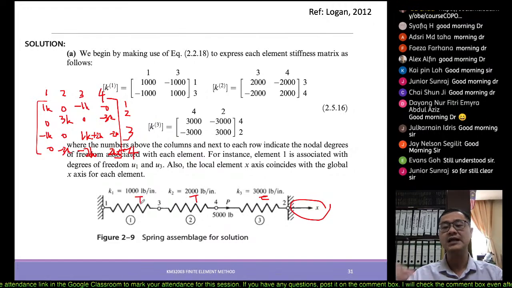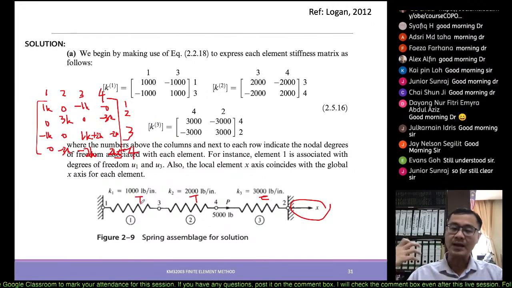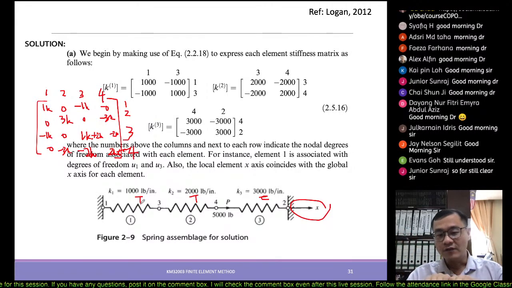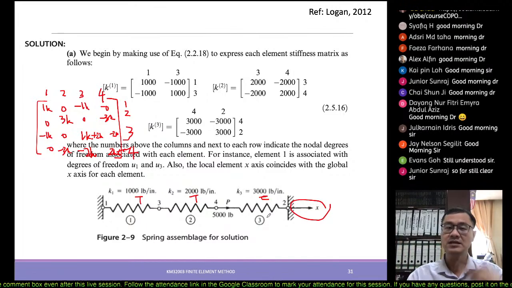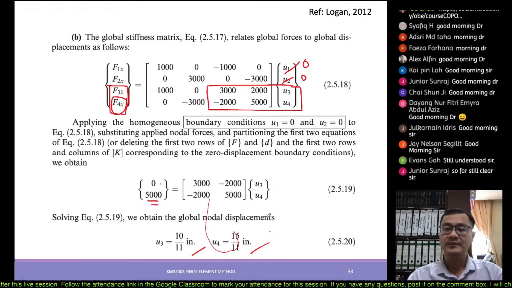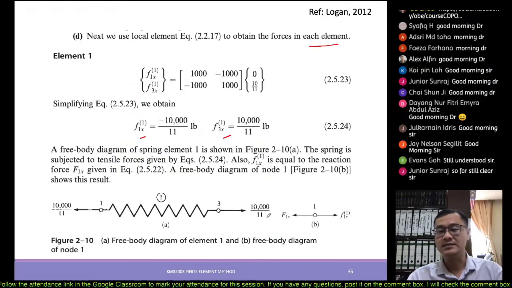When we design, this will give us some ideas of the size of the structure that can sustain that amount of tension and compression. This is why we need this kind of analysis.